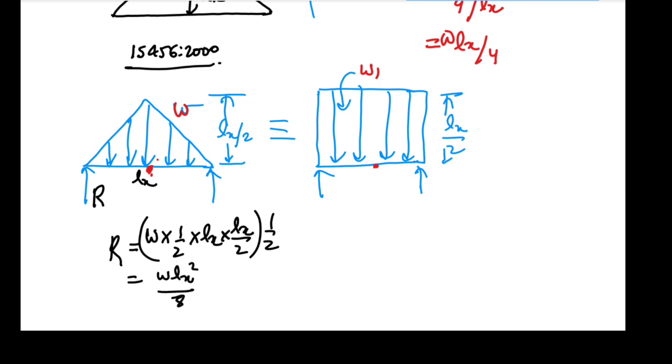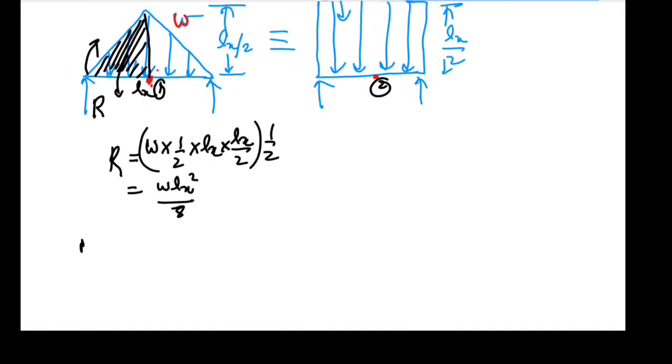Okay, and for bending moment, we will take the effect of this area load and its moment here. This is clockwise, so say this point is 1, this point is 2. So M1 will be equal to R into Lx by 2 minus this triangular loading, half the triangular loading into base Lx by 2 into 1 by 3.